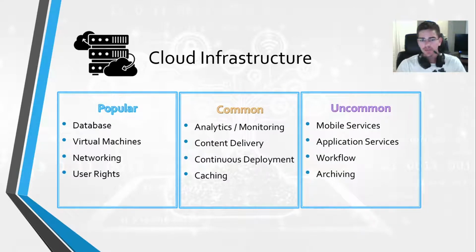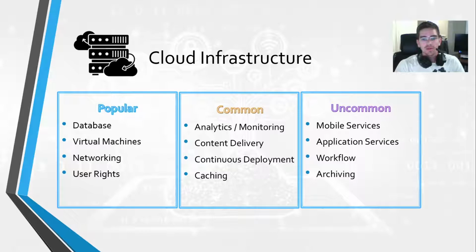And then lastly, you have uncommon uses of cloud infrastructure, such as, oh, I want to interact with mobile devices in a very specific way, or I want to work with enterprise level application services, like Amazon Workspace or something like that.